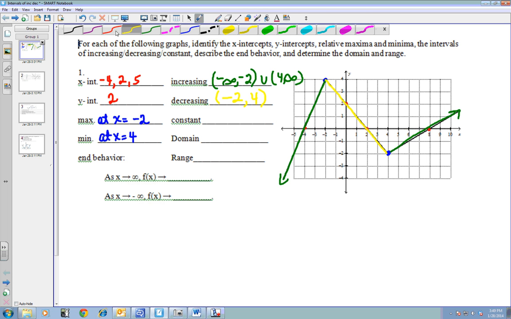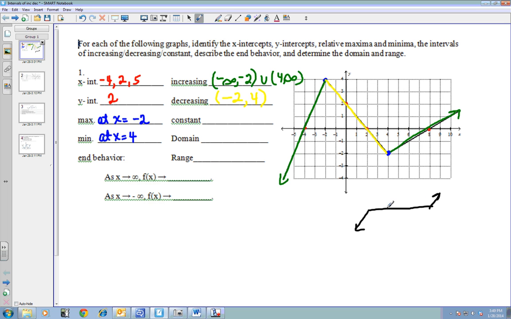Now, when it says where is it constant, constant just means that the slope never changes. So if I had something like this, this part right here is constant. So we don't have any constant intervals in this. Okay, and again, we know this is increasing because the slope was positive. We know that this is decreasing because my slope was negative.